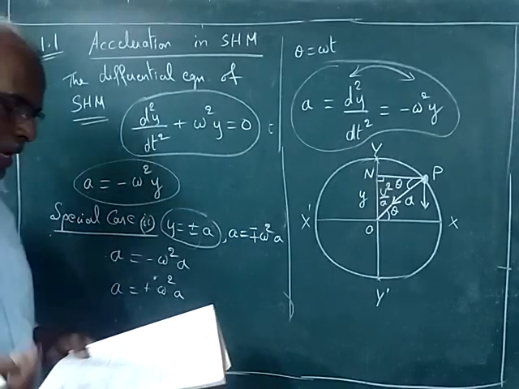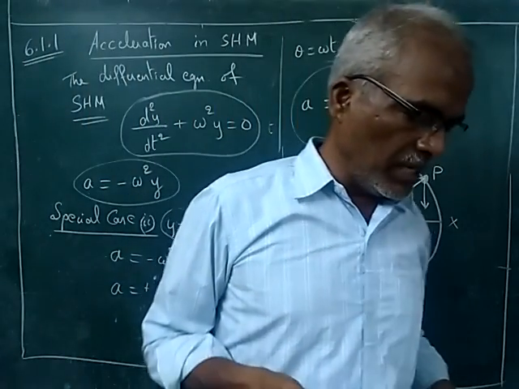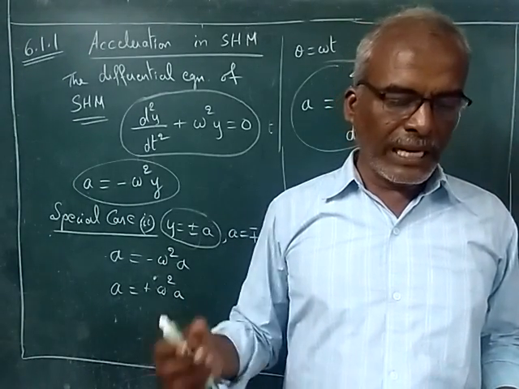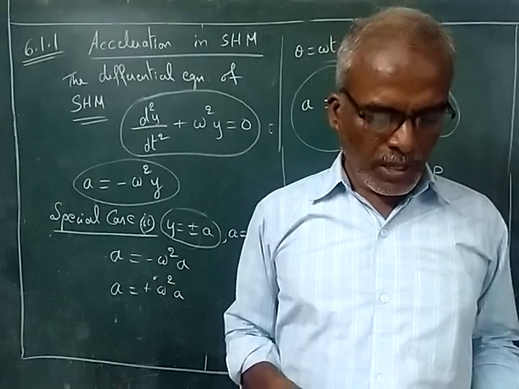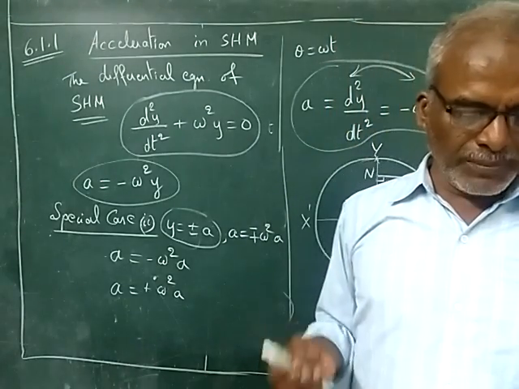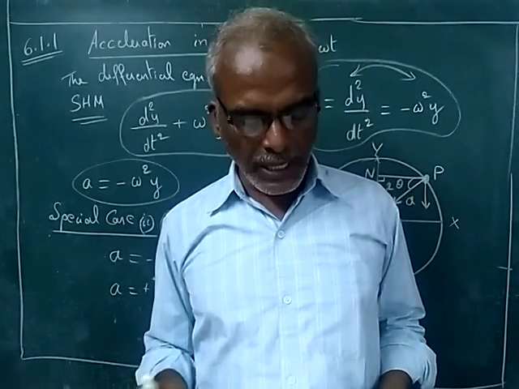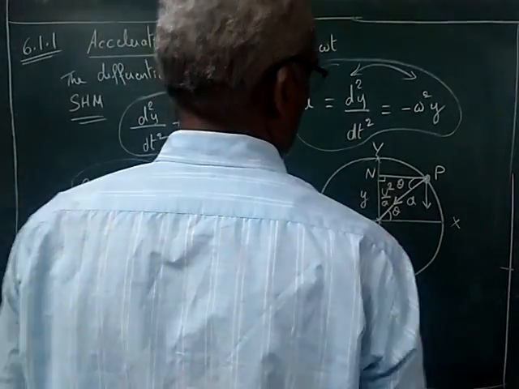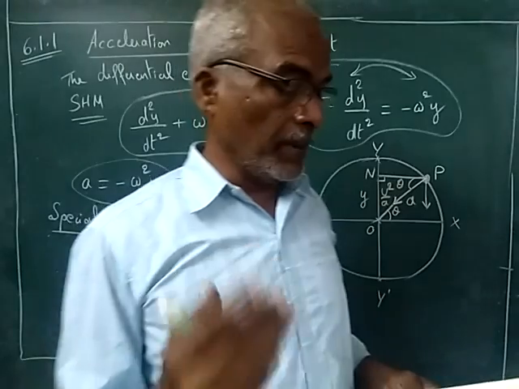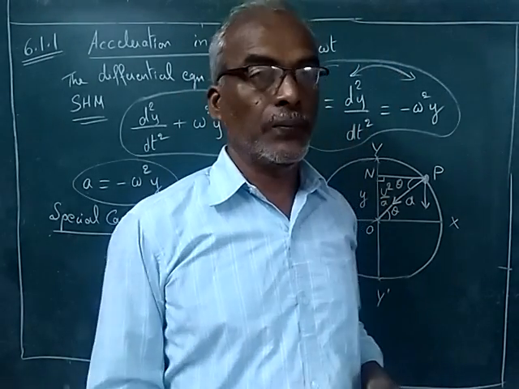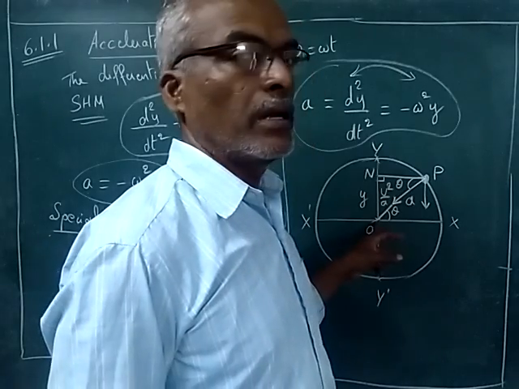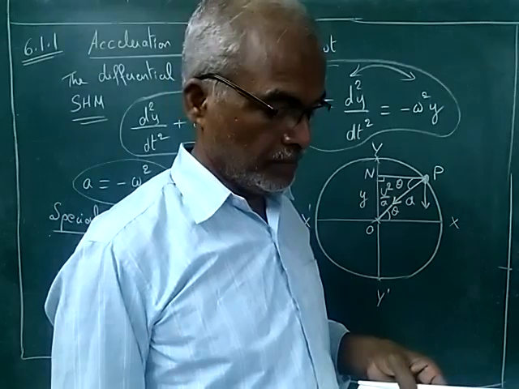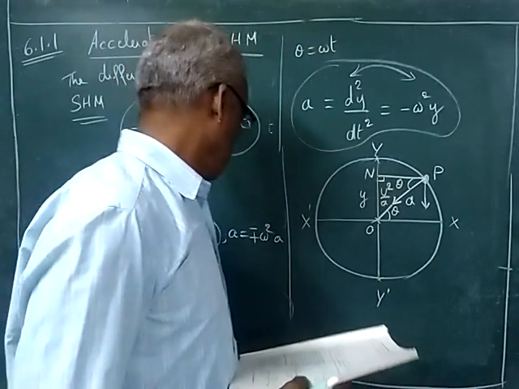Using the above equation, the values of displacement, velocity, acceleration for the simple harmonic motion can be calculated. It will be clear from the above that at the mean position y equal to 0, velocity of the particle is maximum. Mean position means at this point, velocity of the particle is maximum, but acceleration is 0. At this point, when there is no displacement, velocity is maximum, but acceleration is 0 because y value is 0.